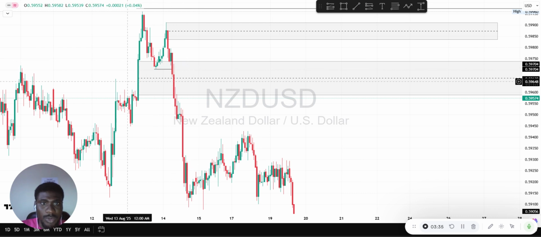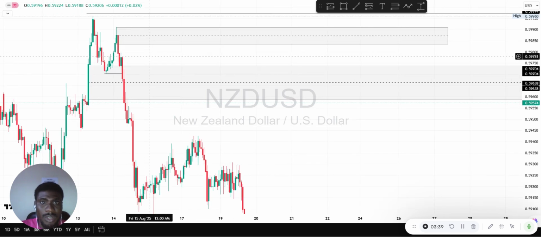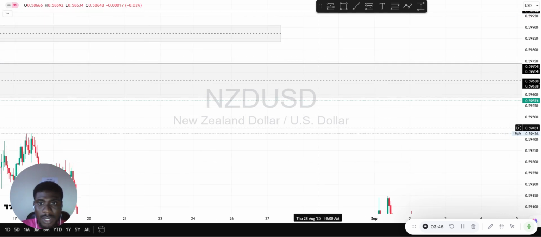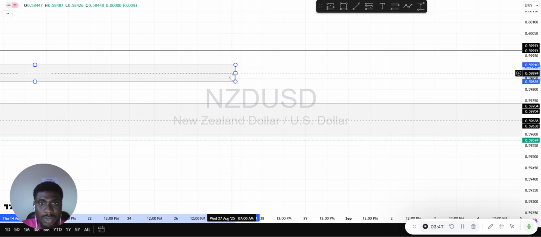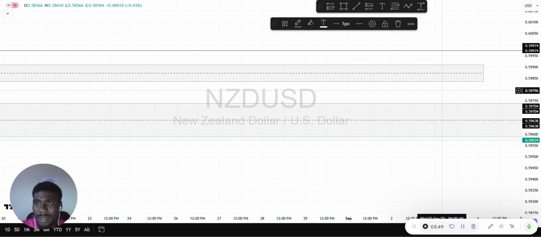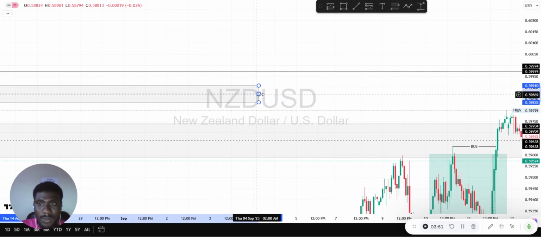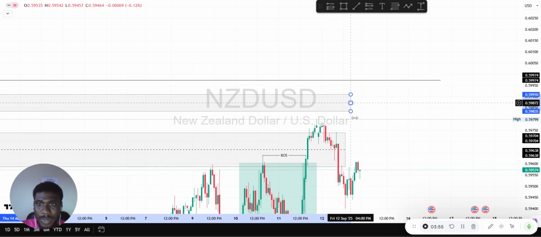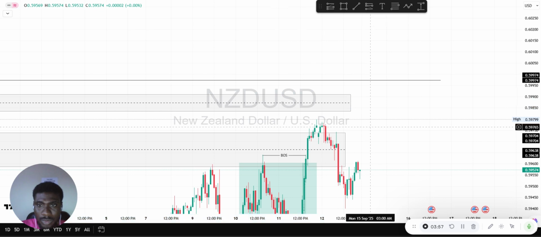You can call it an MSS, a market structure shift. So we have this zone as well, this other block that we're expecting price to also tap fully into.